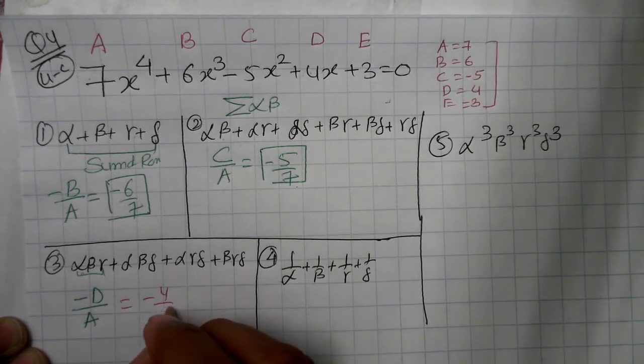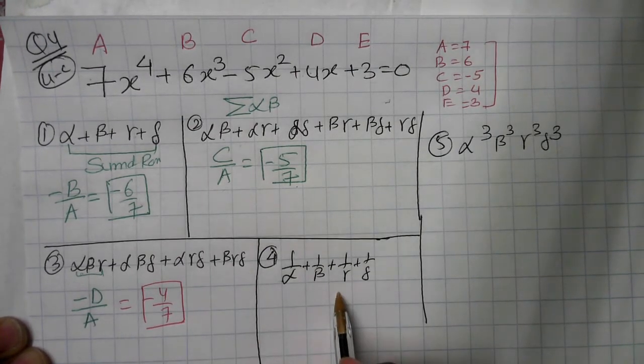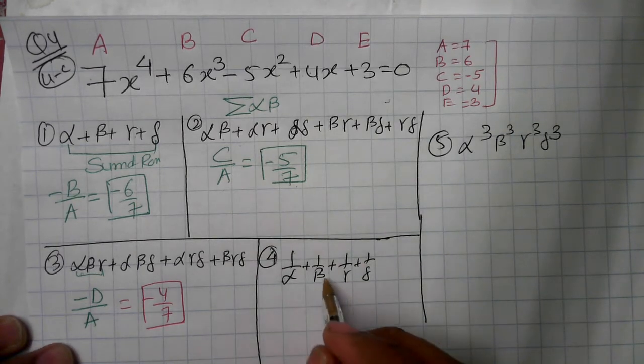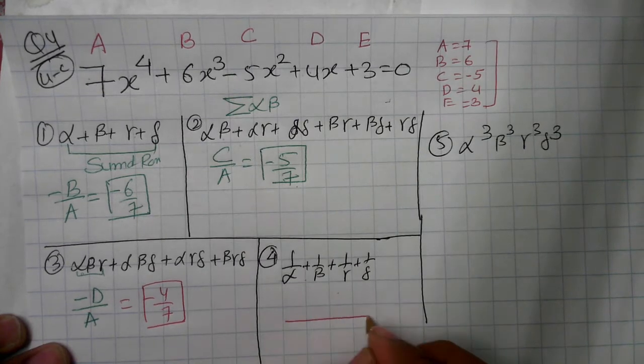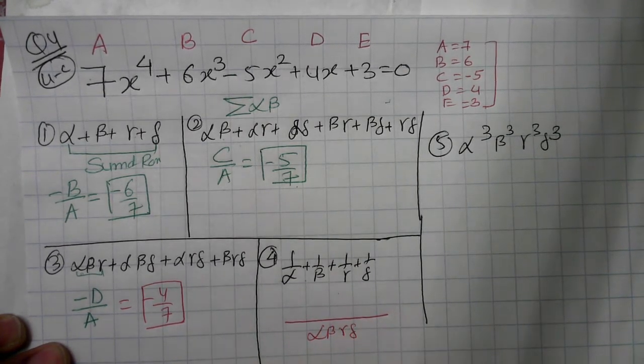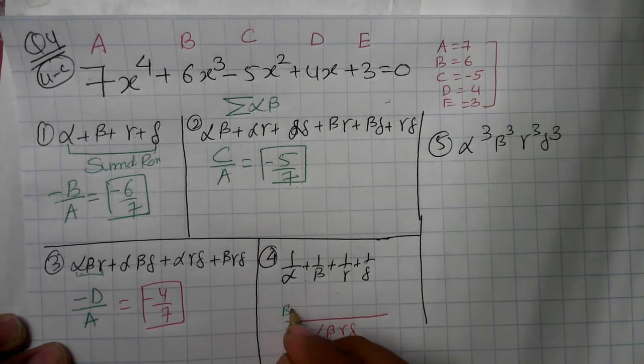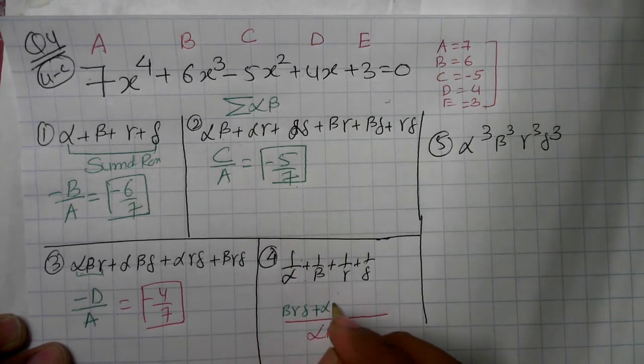And for this one, the reciprocal one, really common. What you need to do is, guys, you have to make sure that you simplify like we normally do. Okay, the common denominator will be alpha, beta, gamma, delta. And as we multiply, guys, on the top I get beta, gamma, delta for the first term. I get alpha, gamma, delta for the second. I get alpha, beta, delta for the third.